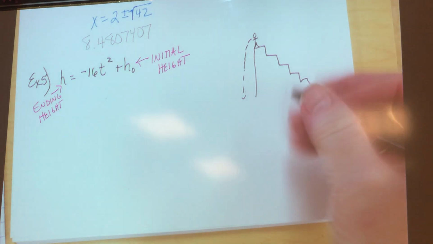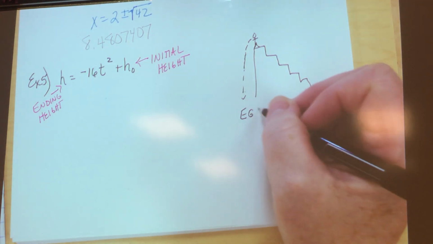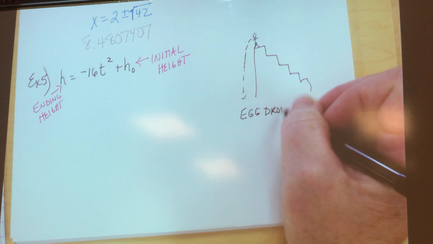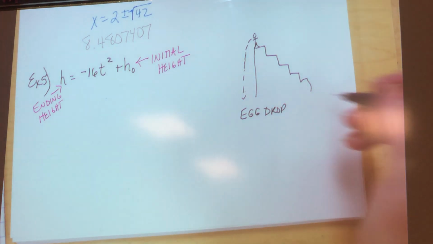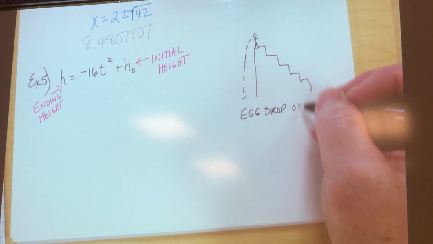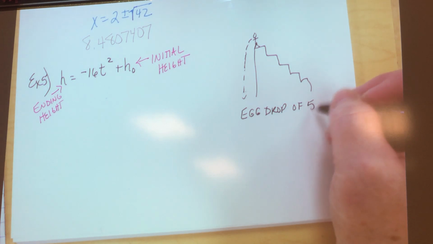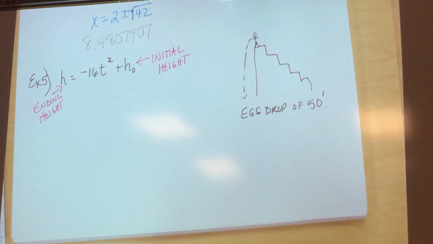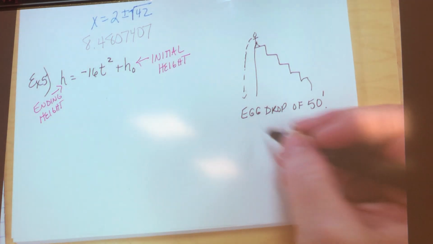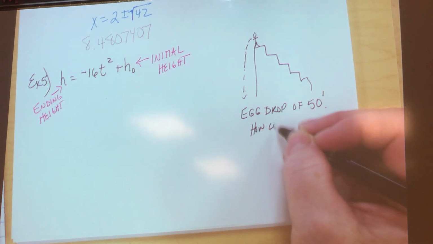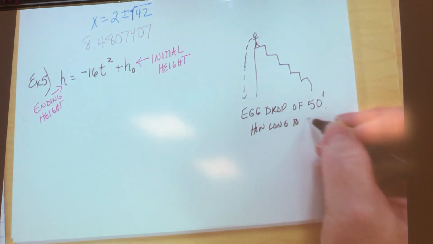Do you agree? So we had an egg drop, trying to keep your egg from breaking, dropped from a height of 50 feet. Okay? How long does it take it to hit the ground?